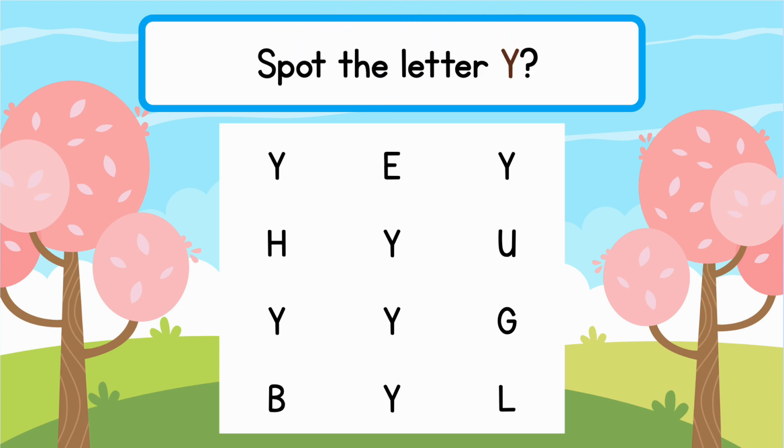Let's spot the letter Y and color it when we find it. Let's look for the first letter Y. Well done, we found the first letter Y. Well done, great work, fantastic.